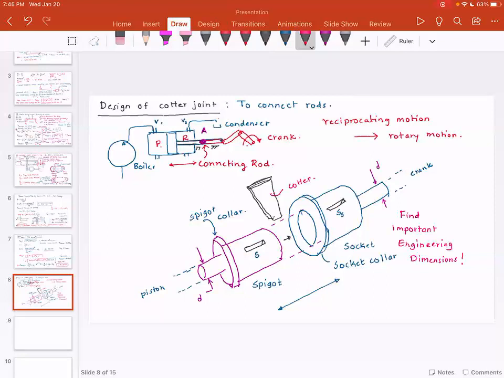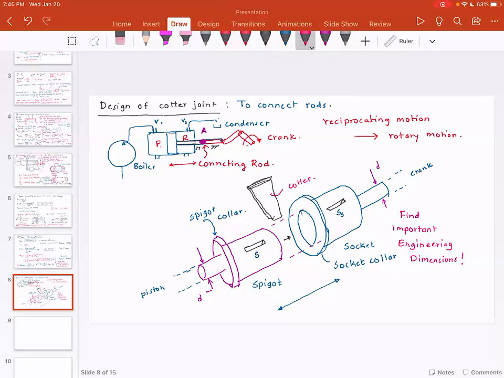However, a word of caution. The calculations that we are going to do will not determine all the dimensions. Some of these dimensions are from the geometry point of view. In other words, we are going to look at the dimensions that are critical for the cotter joint to function.